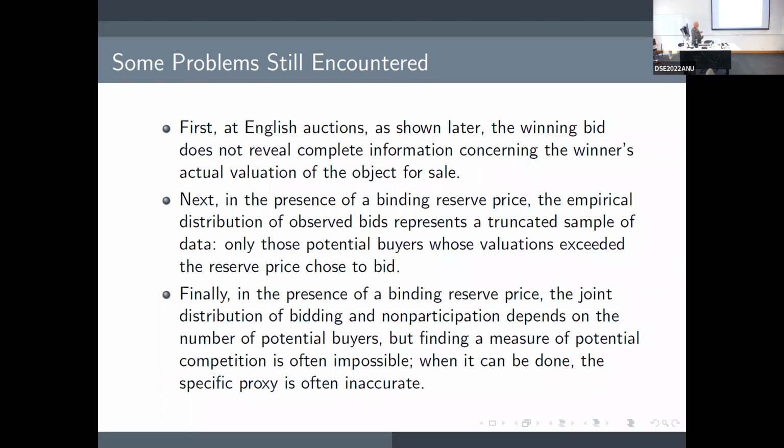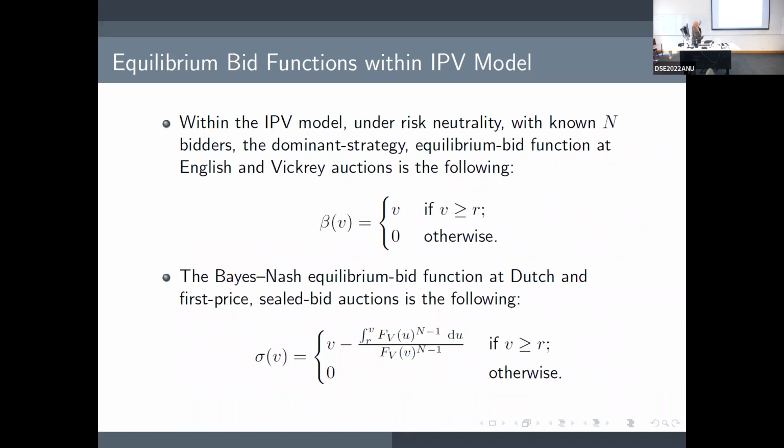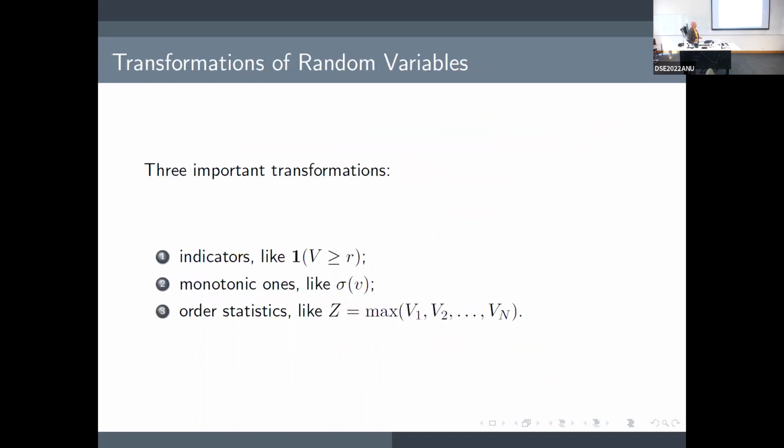Now, what does a bid function look like? Well, it's like this. The Bayes-Nash bid function looks like that. And you can see they're quite different. So what I want to study a bit now is how different transformations affect what you get to see.